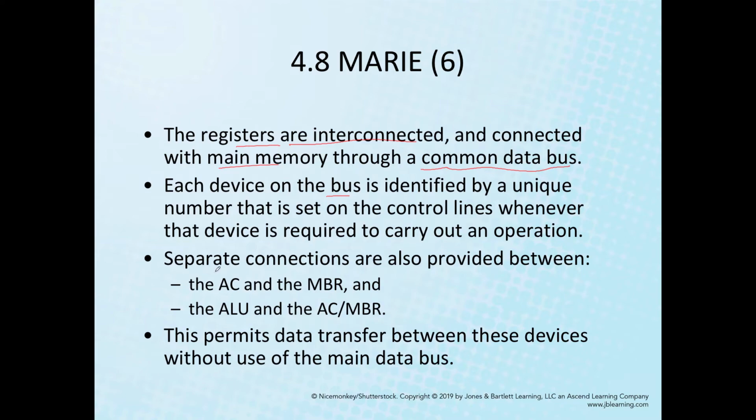In addition to the main common data bus, there are separate connections between the accumulator and the memory buffer register, and between the arithmetic logic unit, the accumulator, and the MBR. This permits data transfer without using the main bus, which implies some concurrency is supported.